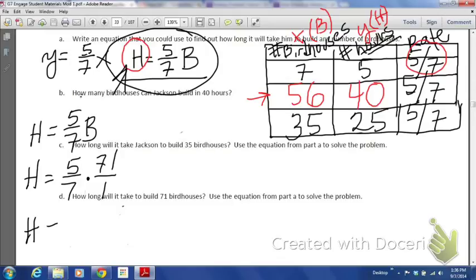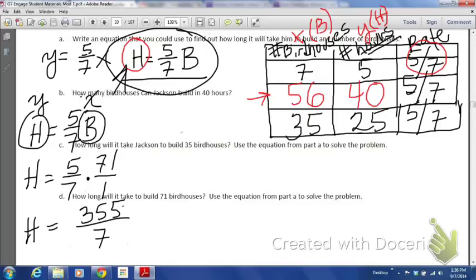H equals 355 over 7. And again, this one I'm using H and B because it's kind of easy. Of course, I could have also used Y and X, which are more frequently seen.